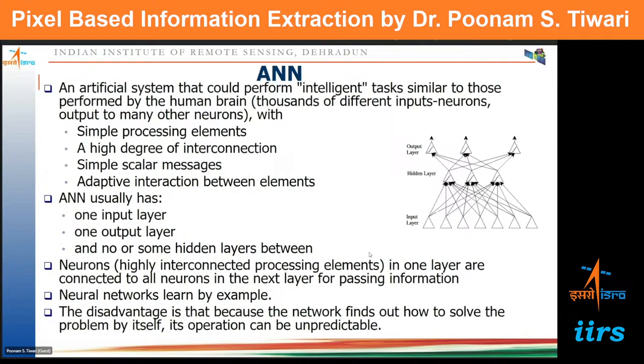The next one is artificial neural network. It is an artificial system that could perform intelligent tasks similar to those performed by the human brain. As you already know, the brain transmits signals through a large number of neurons which are all interconnected to each other.